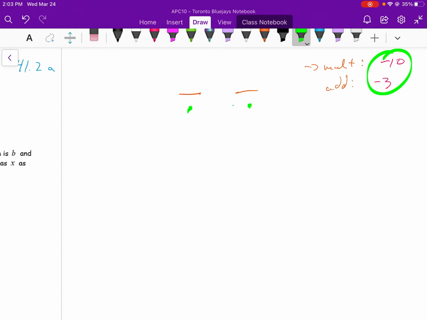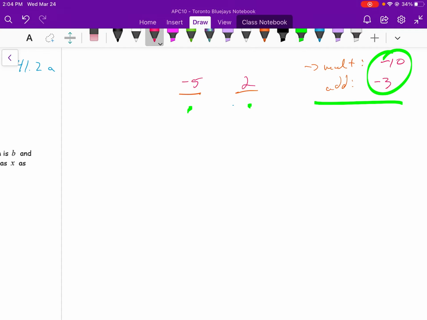So if two numbers multiply to -10, that really means that one number is positive, one number is negative. And if they add to -3, well, that would mean that the one that is larger has to be negative. Well, that makes sense. Well, how about what two numbers multiply to -10? Well, -5 and 2. Right? Those two numbers work.